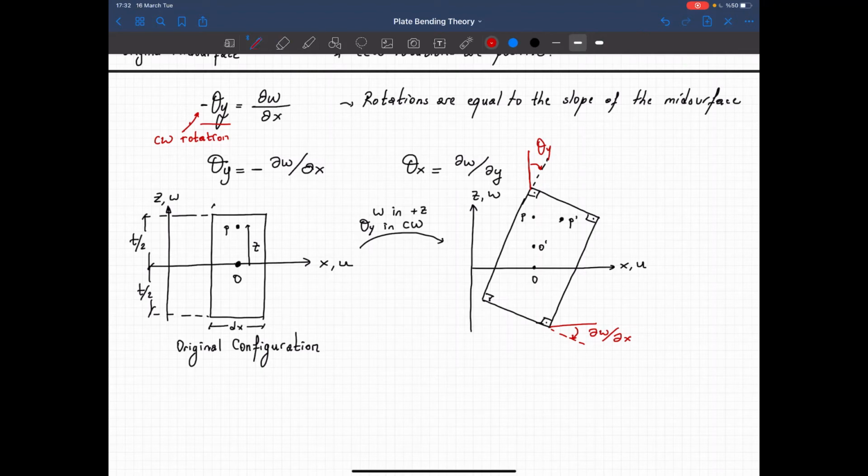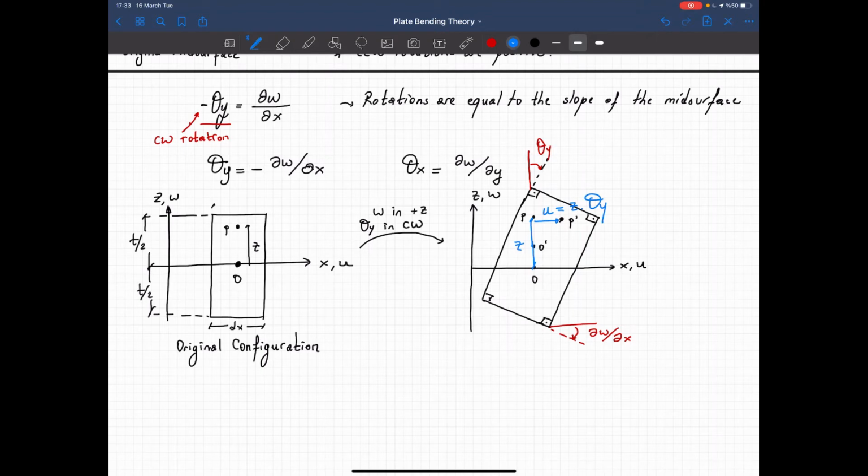Now let's take a look at this. That's our translation of this point. This is u, and we know that the distance between these 2 points is equal to z. In that case, u can be written as equal to z times theta y.